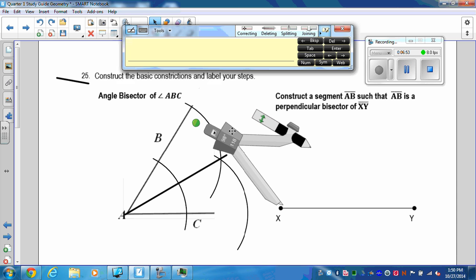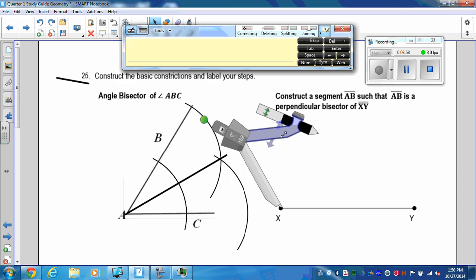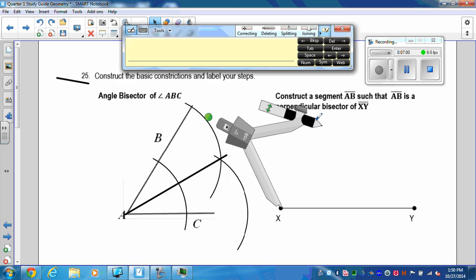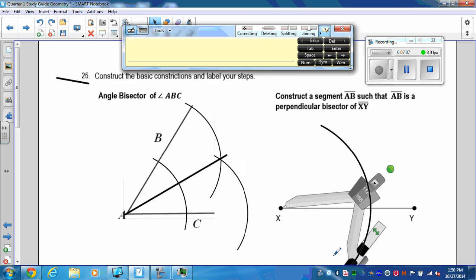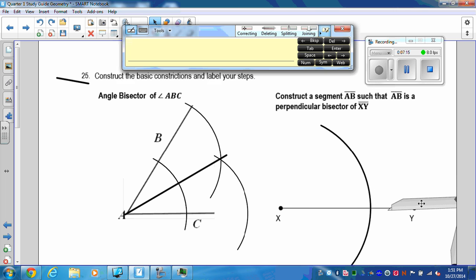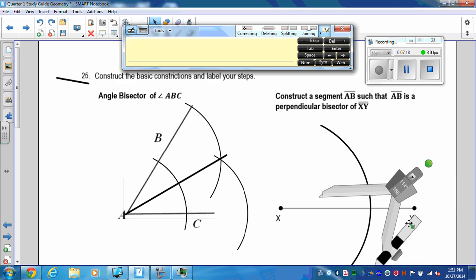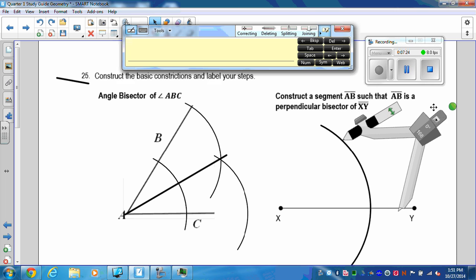So if you recall, we're going to open our compass so that it's more than halfway, and we're going to swing an arc across that. Now we're going to, without changing our compass, move it to this side. Actually, I want to flip my compass to the other side, but it's still 168 degrees, and that's the important thing.